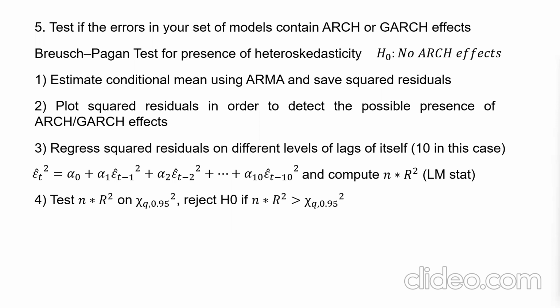If we reject in a few, that's enough evidence to confirm the presence of ARCH GARCH effects. Now, usually, just giving you this, I'm sorry, this is a typo here. I went out all the way to 10. Most of the times these effects are present, so this test is usually very conclusive. So it's something to expect in this case.